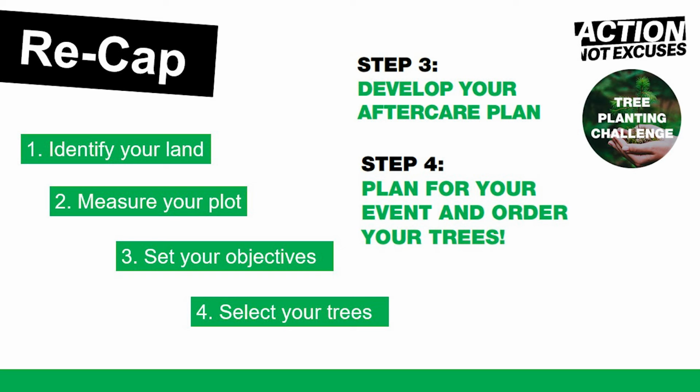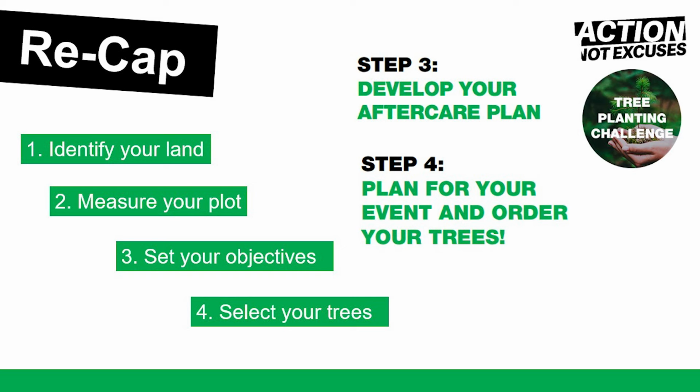We then spoke about measuring your plot of land. We said that the maximum number of trees that any one event can plant is 105, which equates to about 4 tennis courts. But you can do a smaller plot, which is about 30 trees, so that's about 1 tennis court. We talked about setting our objectives, so understanding why we're planting trees. Is it to improve biodiversity?